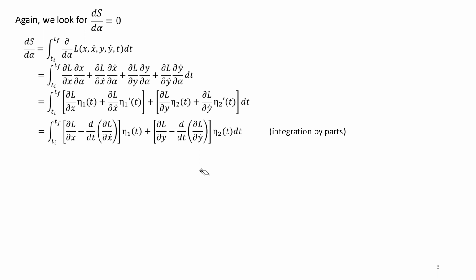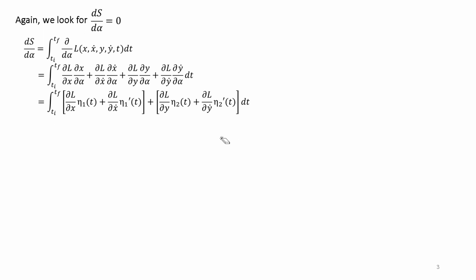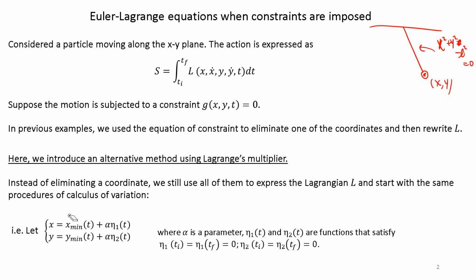But now here is the thing. The eta 1 and eta 2 are no longer independent, because x and y have to satisfy a certain relation.